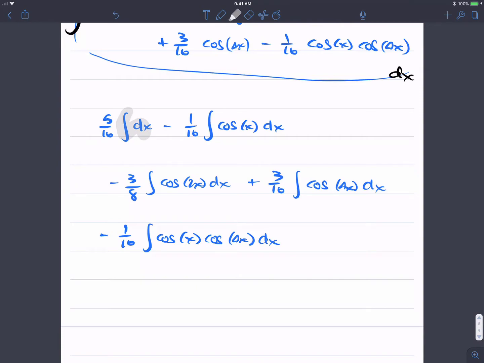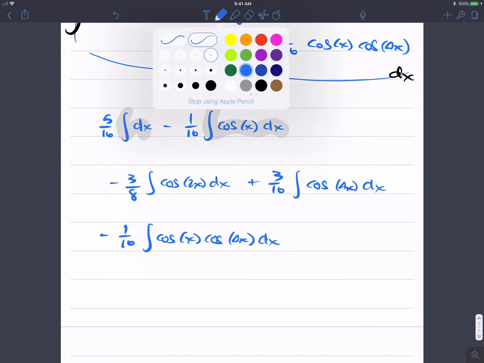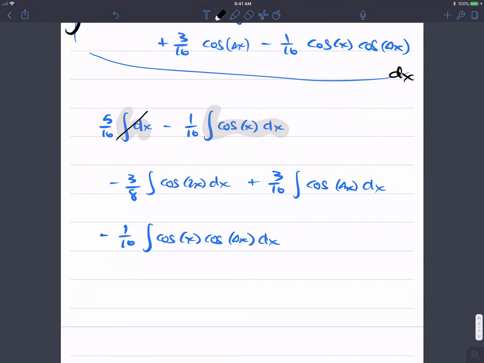I have a first integral to do here. I have another integral here. These two integrals are very simple to do. If I integrate dx, that's just x. Since the derivative of sine is cosine, the integral of cosine is just a sine. So that one's nice and done too.